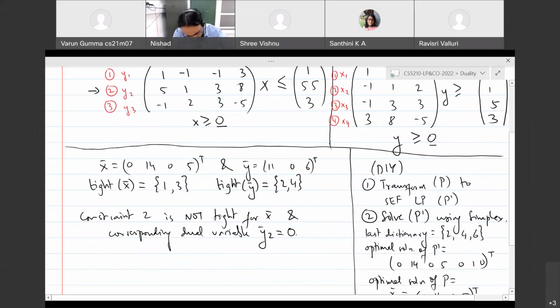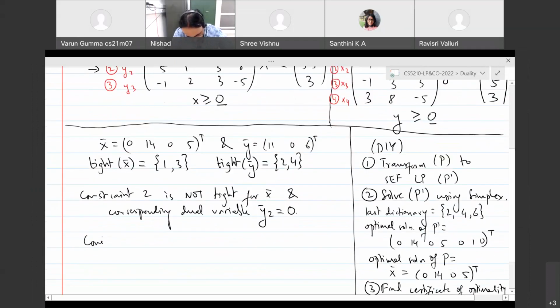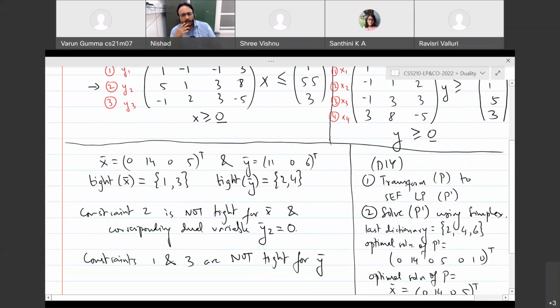Observe that the constraints that are not tight for y bar are constraints 1 and 3. And what do you see about the corresponding primal variables?